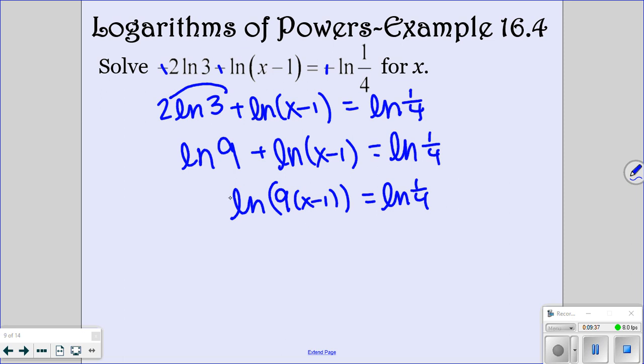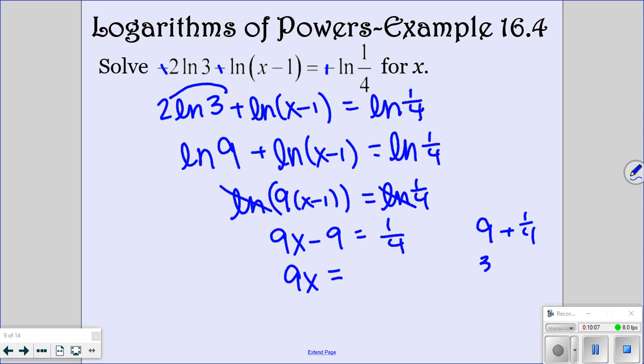And then we can cancel the natural logs because there's 1 on each side. You can't cancel them here because you have to have only 1 on each side of your equation. So this is going to be 9x minus 1 equals 1/4. So then if you add 1, you're going to have 9x equals 9 plus 1/4.